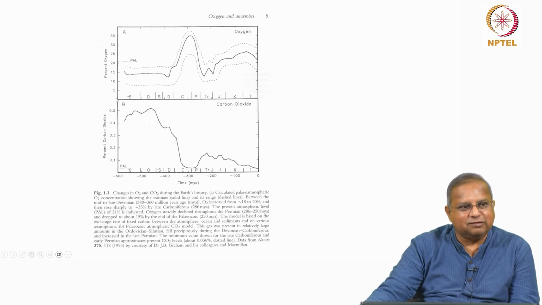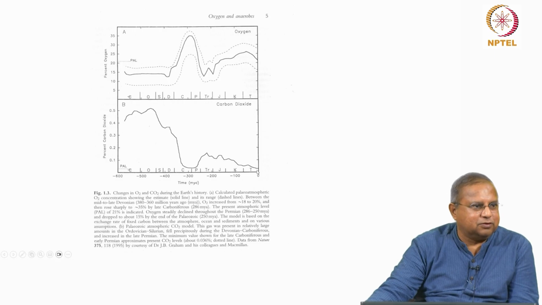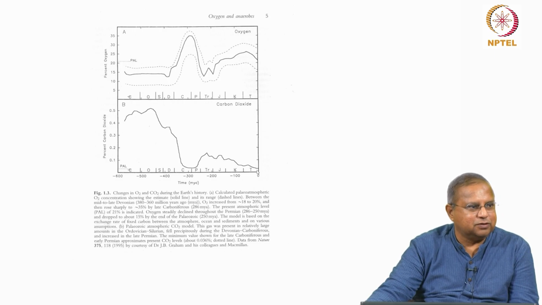What is more interesting is what percent carbon dioxide was at the same time. Note that when we started out, 600 million years ago, it was 0.5%. Of course, it has come down, and the 0.01% makes a huge difference now, we realize, in terms of global warming and so on and so forth.